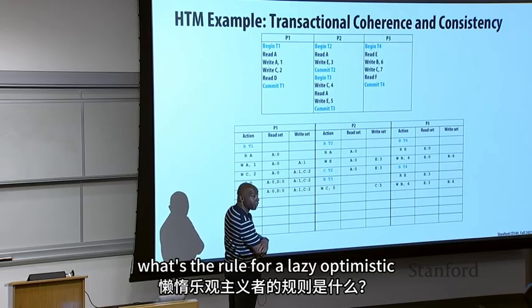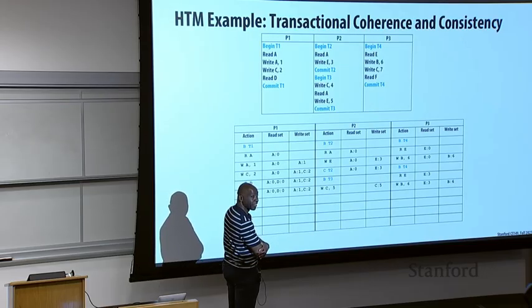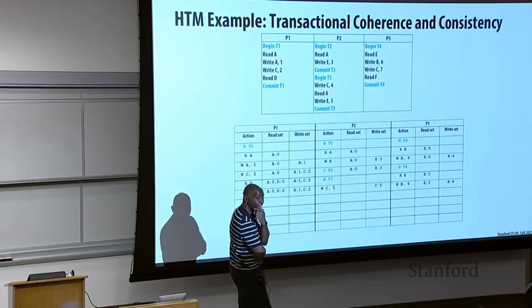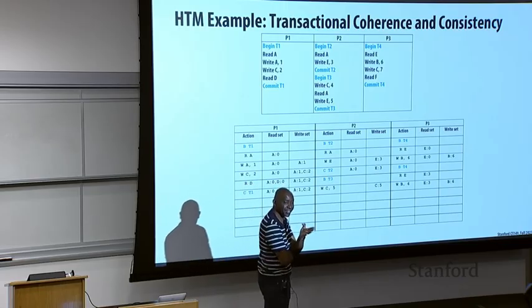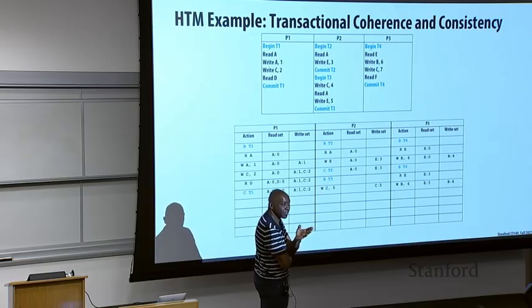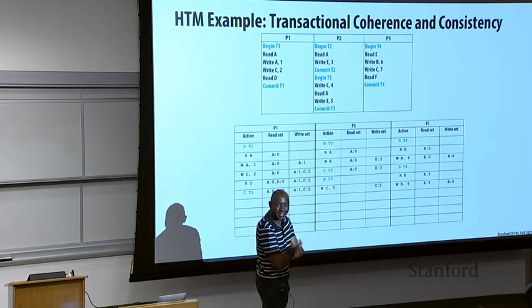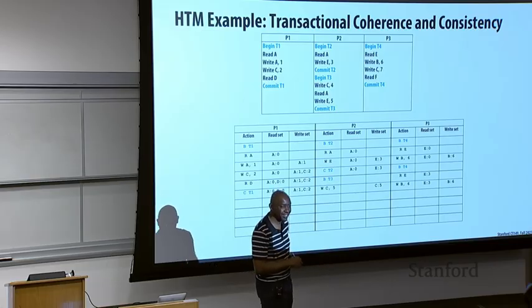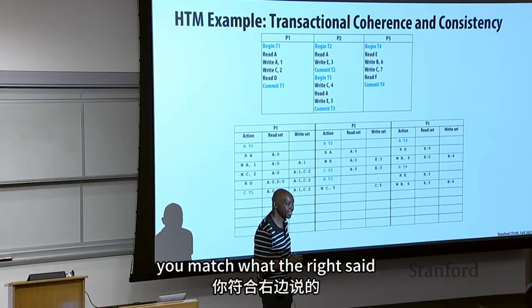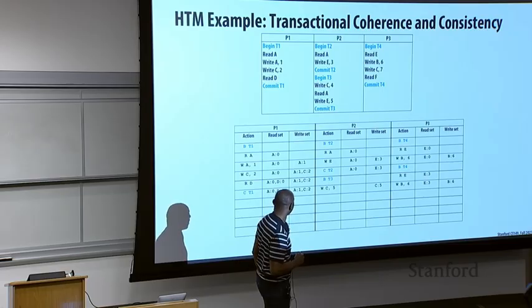So what's the rule for lazy optimistic? What's the rule for lazy optimistic? We just talked about it. We saw it last lecture and a couple times today. Someone tell me. You match what the write set said to what other people think they read.